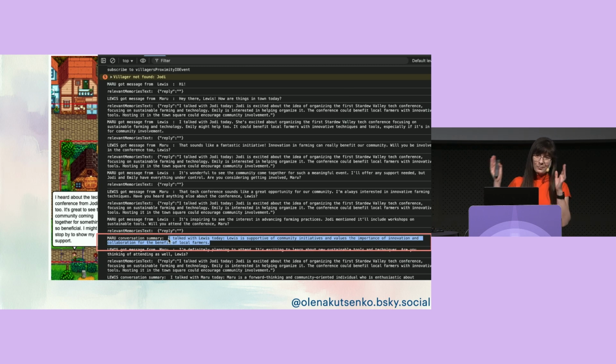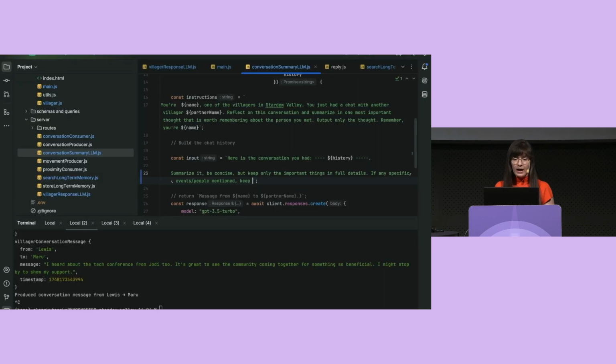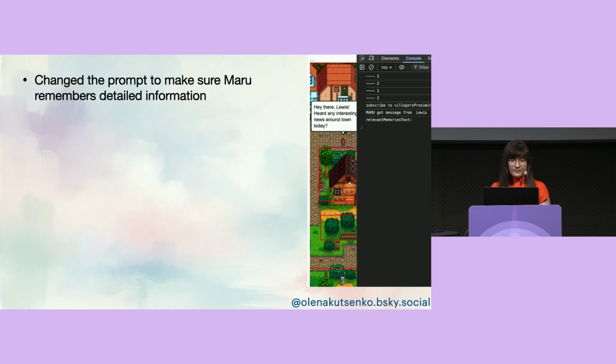I want to store the complete memory, maybe, or store way more information. But at that point of time, I improved the prompt so that during the summarization I want to have way more details. And especially if it is about events or something else, we want to have significantly more information stored in the memory. That worked.